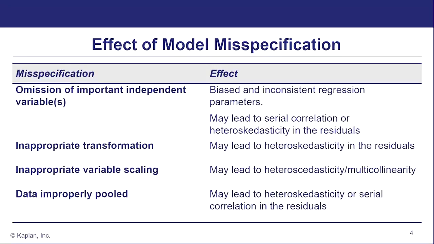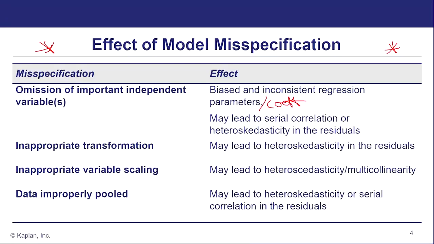Now, a key takeaway here is the impact of these actions on our regression output. Omission of variables can lead to biased and inconsistent regression parameters, or coefficients, the betas. It may lead to serial correlation or heteroscedasticity as well.